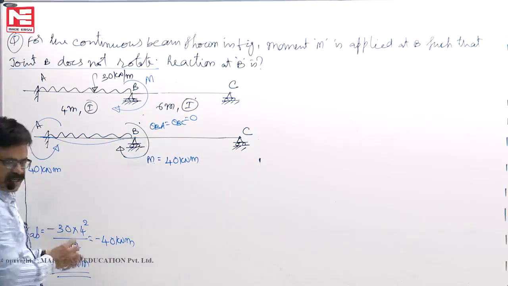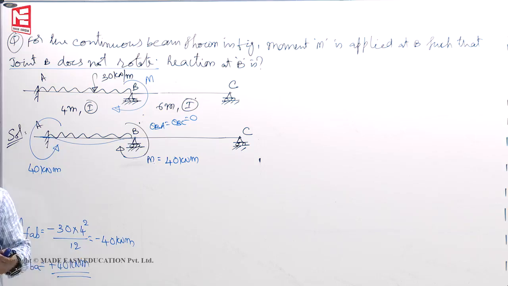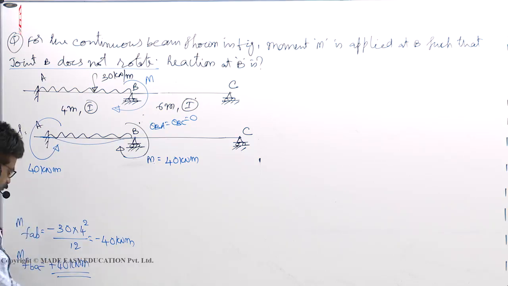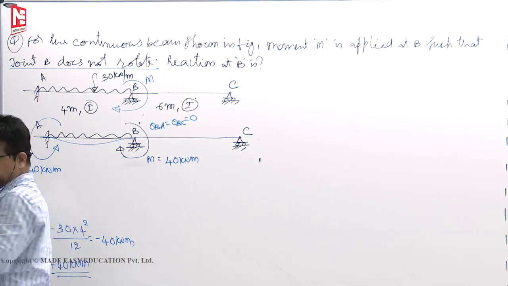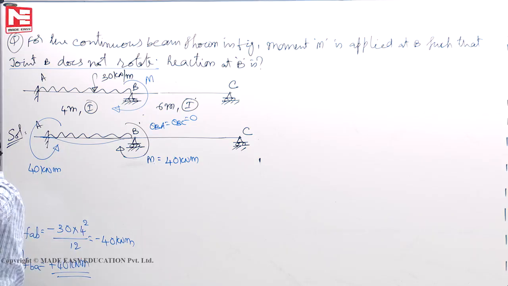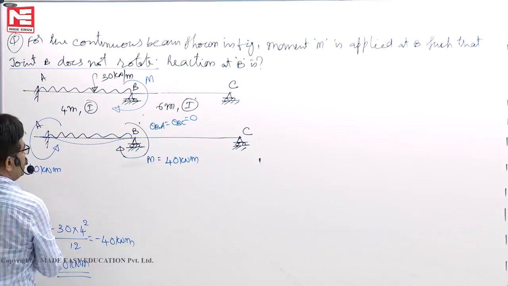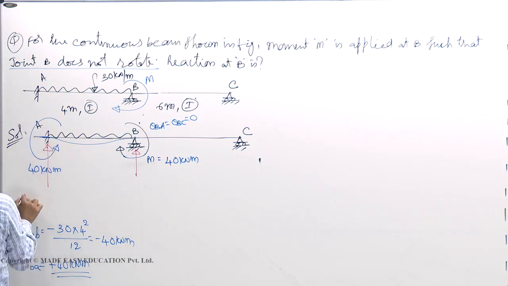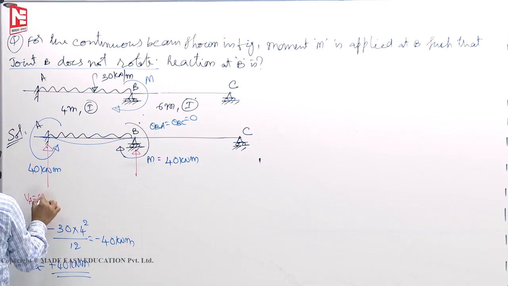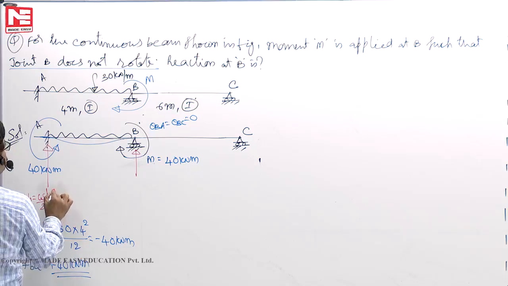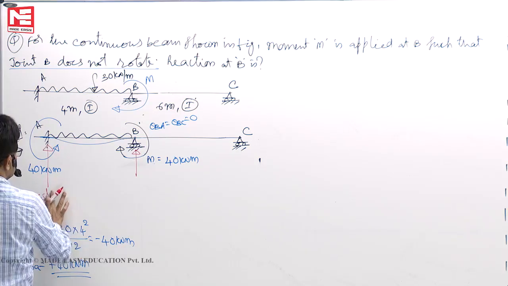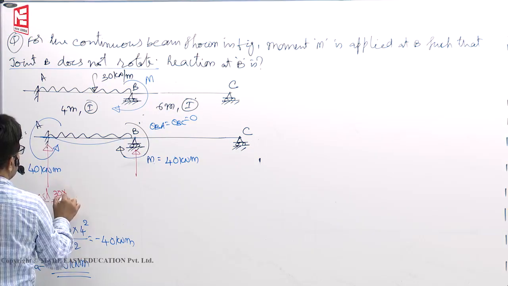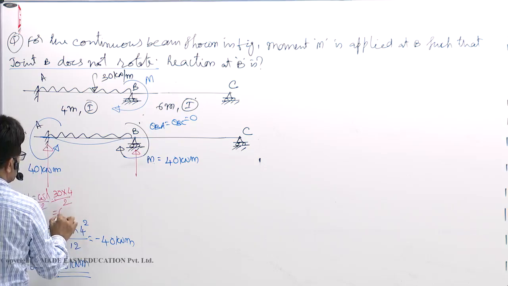So for this profile, the reactions are like this. We know what the reaction here is, WL by 2. Here also the same thing. VA is WL by 2, W is 30, 30 into 4 by 2, 60.